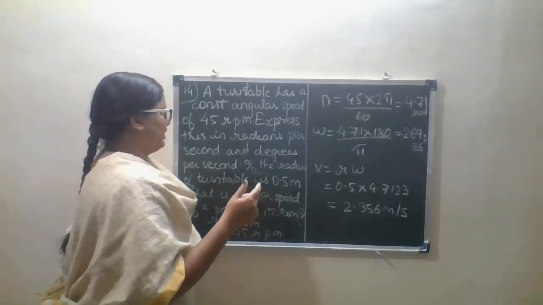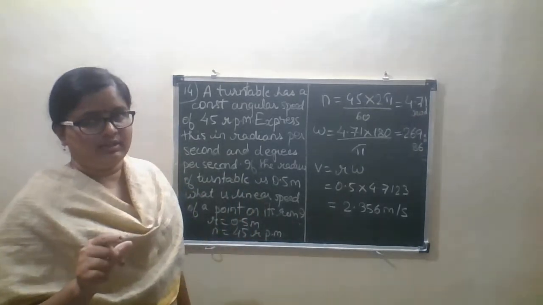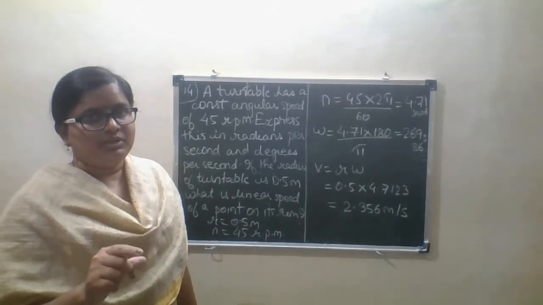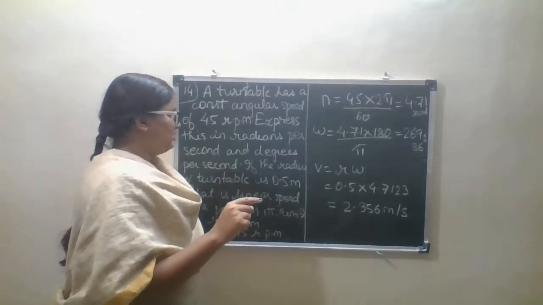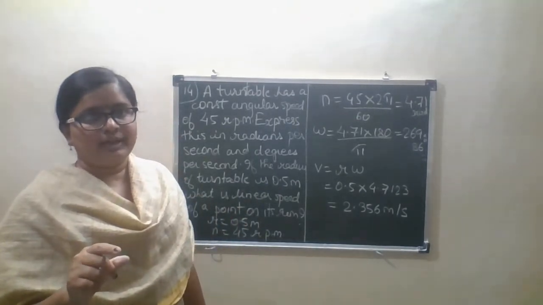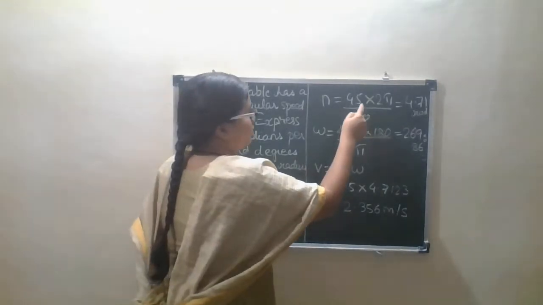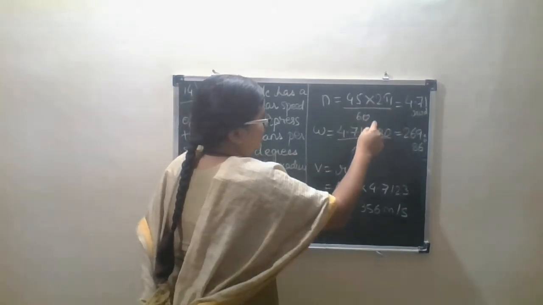Express this in radians per second. First we have to convert this into radians per second. How to convert revolutions per minute into radians per second? We know that we multiply by 2 pi divided by 60. N is equal to 45 revolutions per minute, multiplied by 2 pi divided by 60.